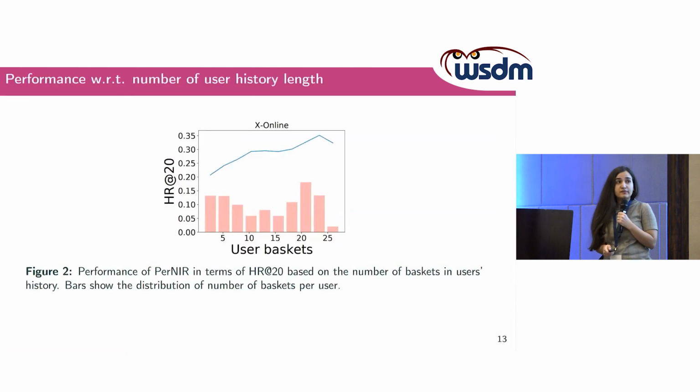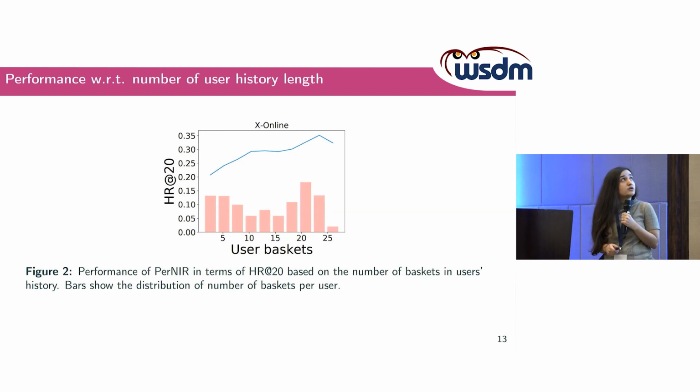We also looked at the relation between the recommendation performance and the length of user history, so basically the number of baskets in the history. Our question here was, when the system knows more about the users and there are more baskets in the history, what will happen to the performance?